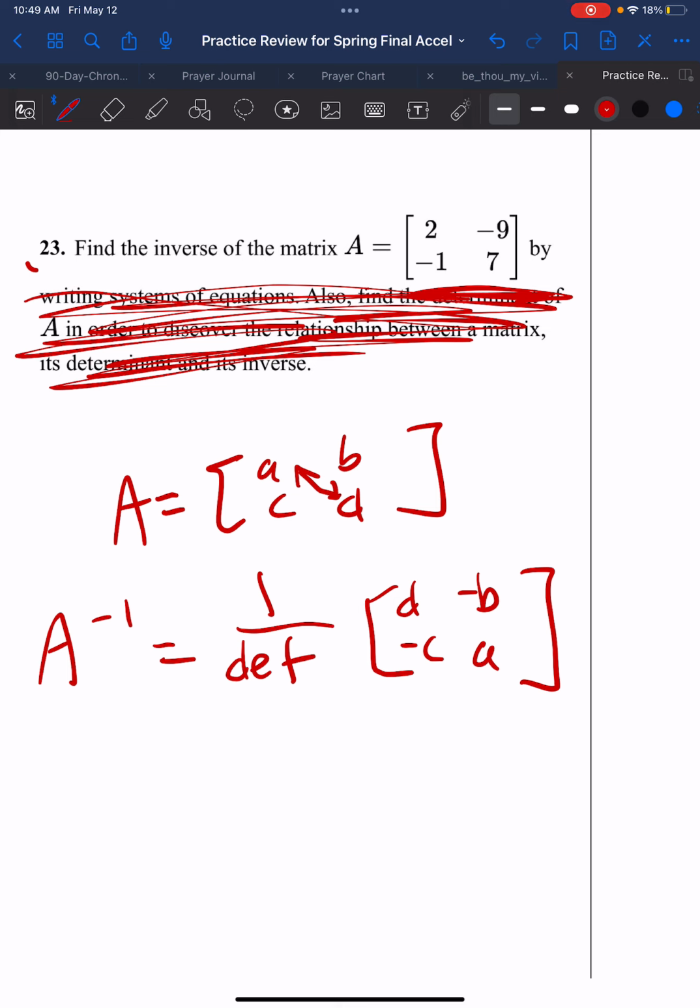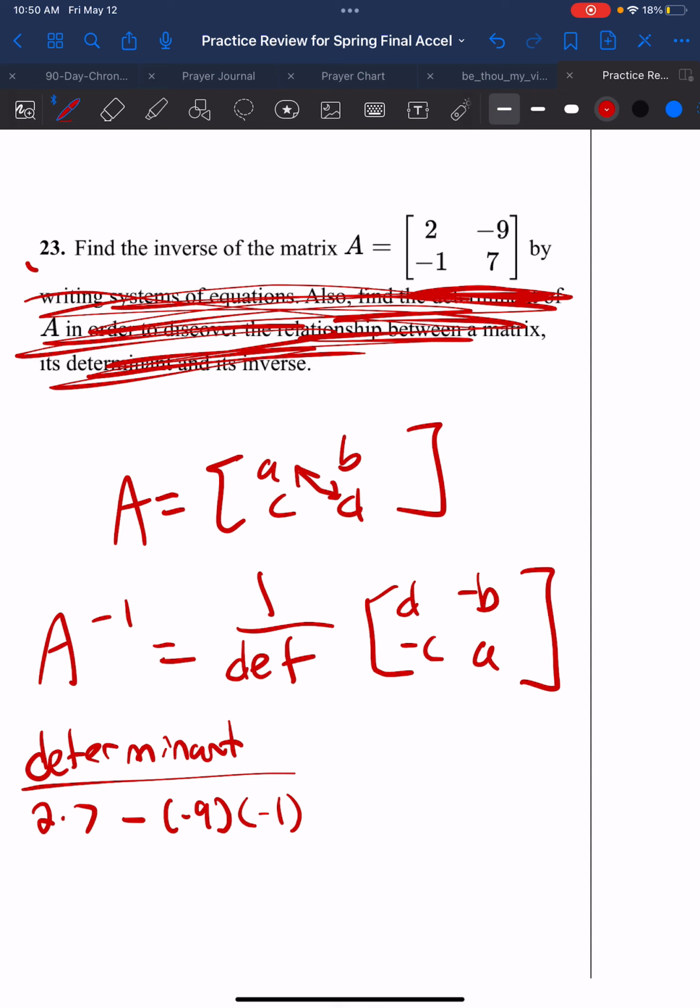So for my determinant, I'm going to have 2 times 7 minus negative 9 times negative 1.